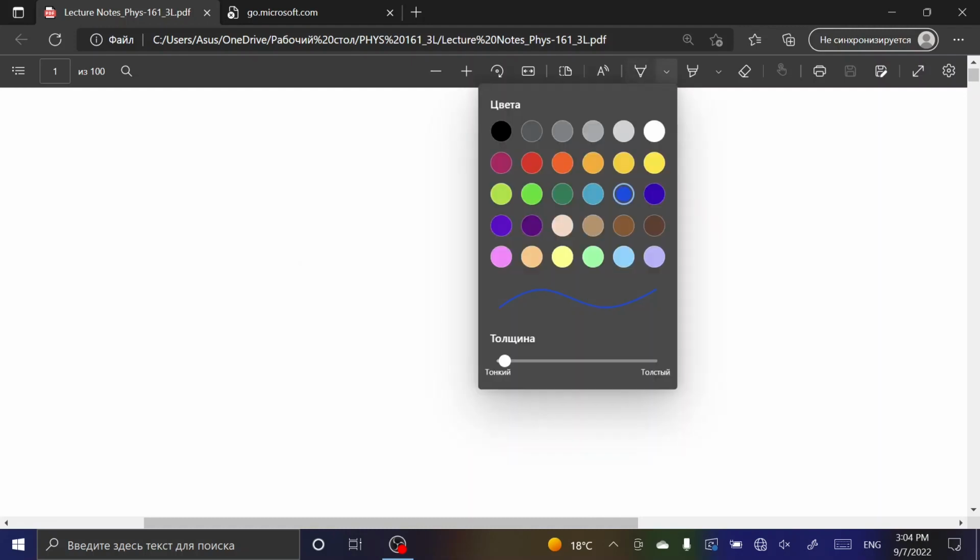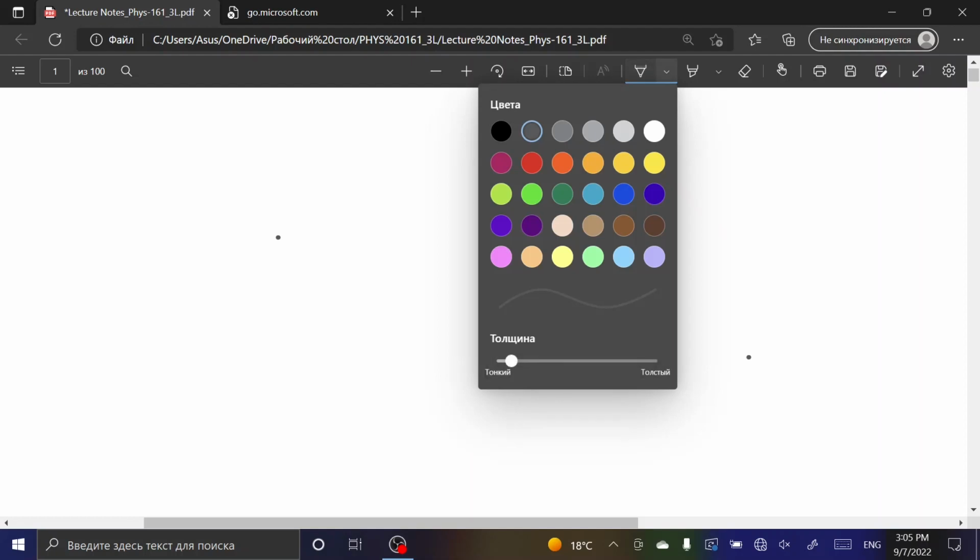Okay, so let us start with kinetic energy. We will consider some block with mass m, and let us assume that this block is moving with some velocity, let's call it v1.